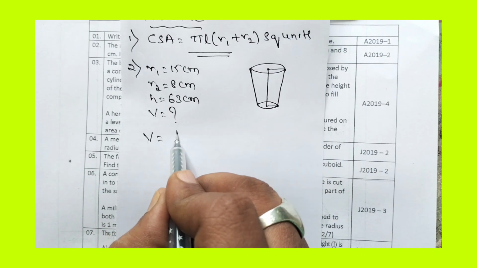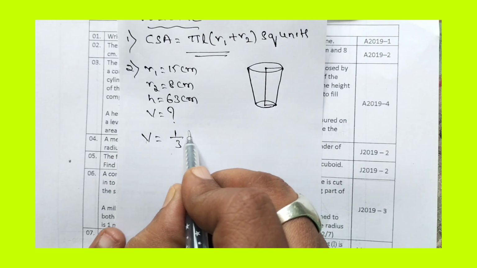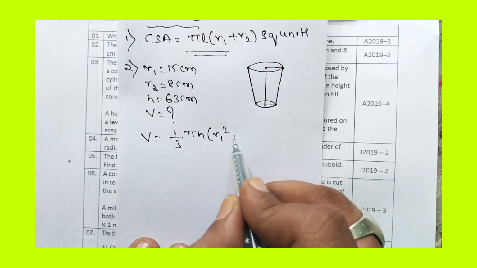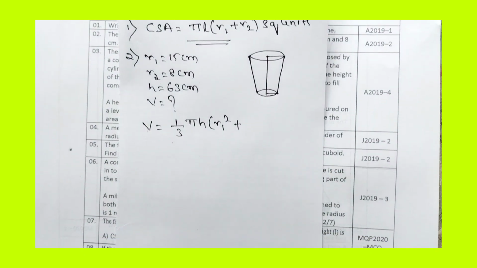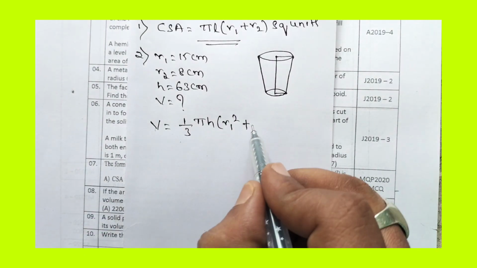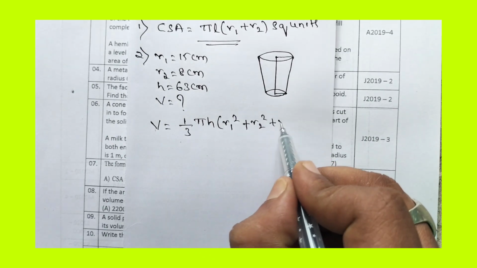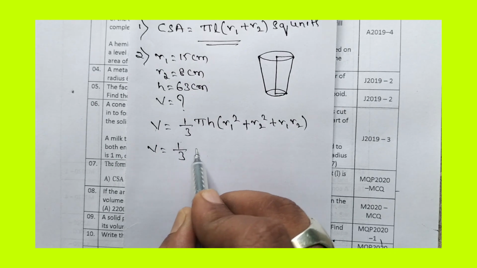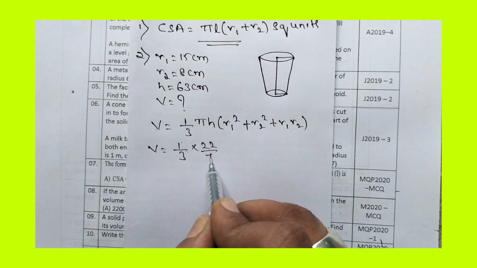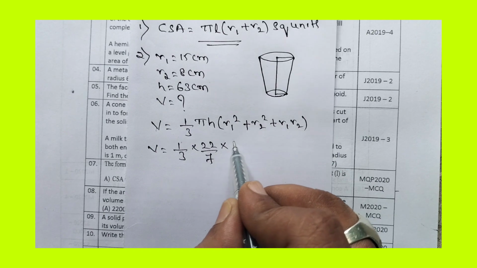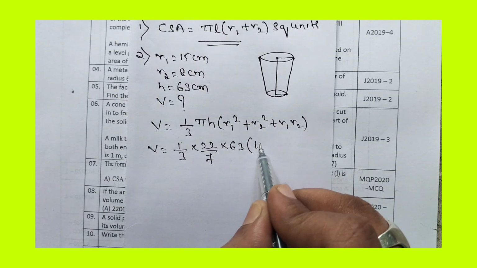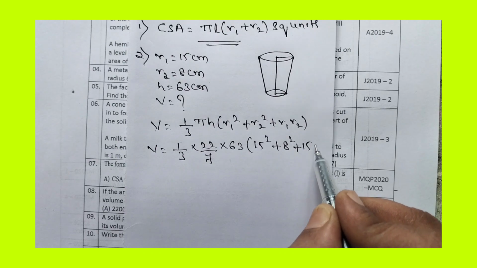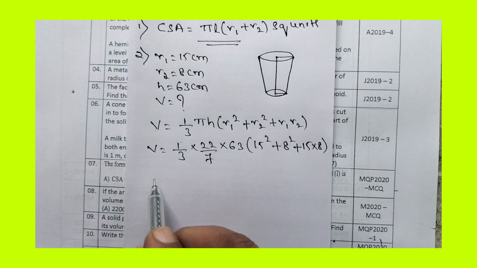Volume of frustum of a cone is equal to 1 by 3 pi h into (R1 square plus R2 square plus R1 R2). So volume is equal to 1 by 3 into pi, that is 22 by 7, into height 63, into R1 square 15 square, R2 square 8 square, plus R1 is 15 into R2 is 8.